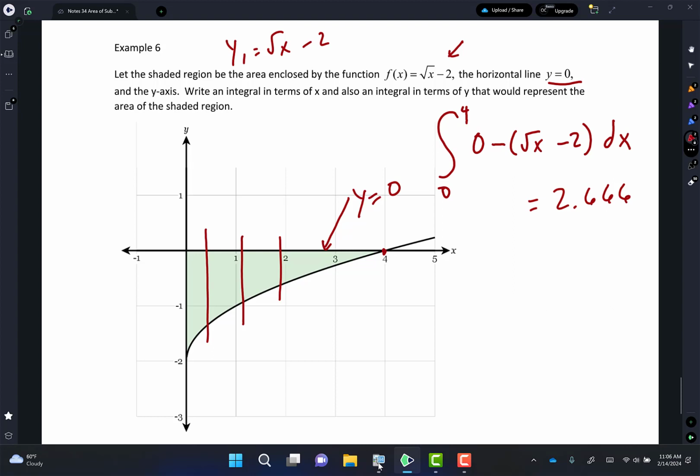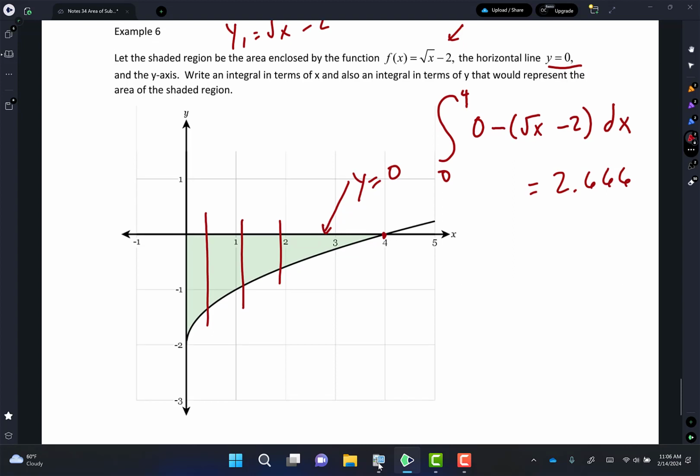Cool or not cool? Now they want me to do it with respect to y. So here we go. This is a dy. That's a slice. That's like I would have had a rectangle right here like that. I didn't do my rectangle super awesome. I'm just adding them all up. So I need to have this in terms of y.